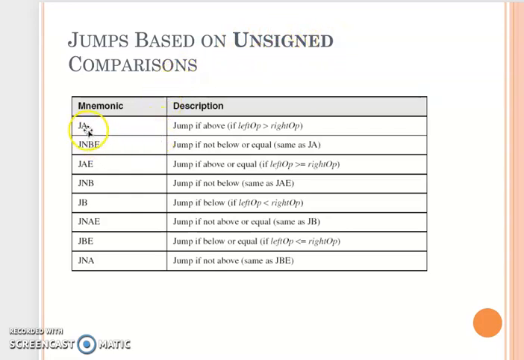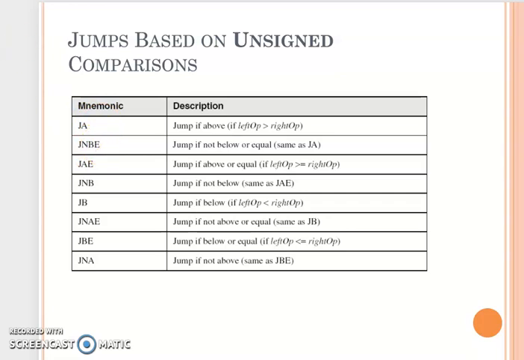You have JA, that means above. That means your left operand, your destination operand, is greater than your right operand. So your JA is actually equivalent to your JNBE, jump if not below or equal.